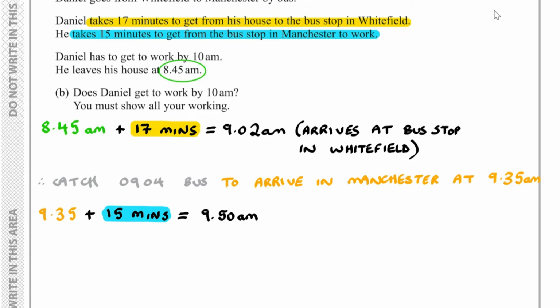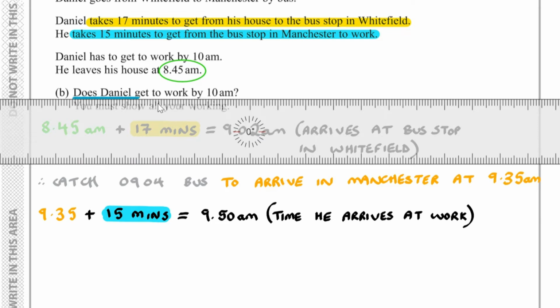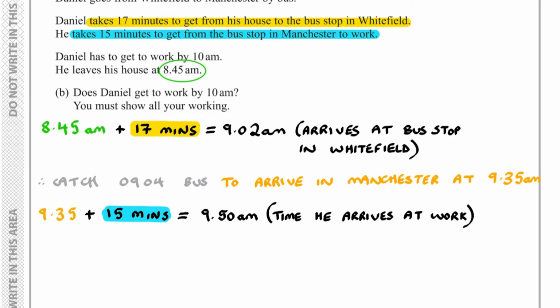So the 9:50 AM is the time he arrives at work. Now, we want to find out if he gets to work by 10 AM. And therefore, because we arrive at 9:50 AM, he gets to work on time.